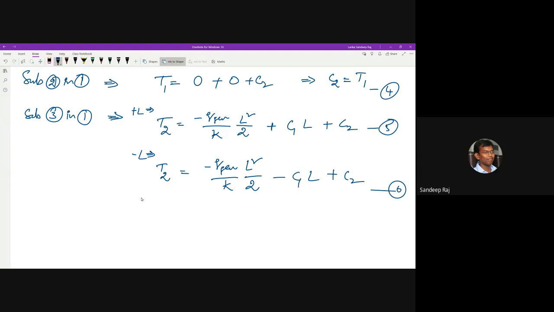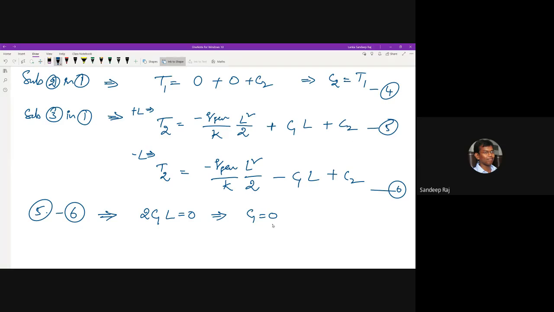So when I do 5 minus 6, everything will get cancelled. Only 2 C1 into L equal to 0 I'll get. That implies L cannot be 0, 2 cannot be 0, so C1 has to be 0. So C1 is 0 and C2 is T1.